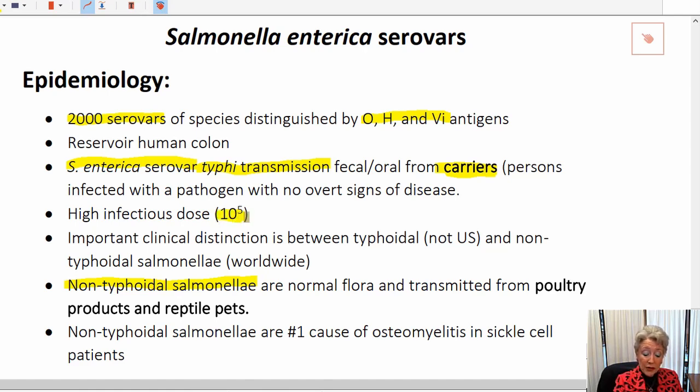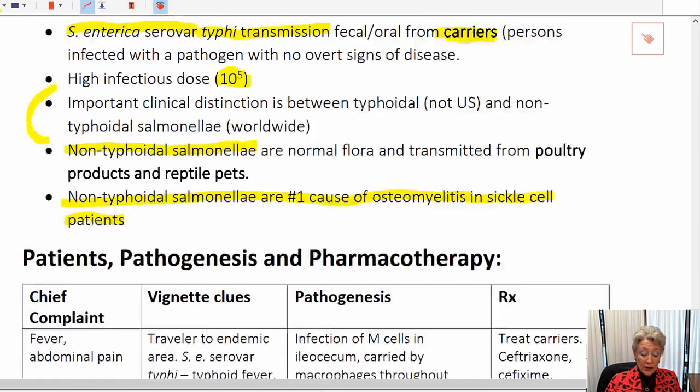All of these guys, as I said, have a very high infectious dose. And as I said, the only important clinical distinction is between the typhoidal and not. The non-typhoidal Salmonella are the number one cause of osteomyelitis in my sickle cell patients, as we mentioned before as we were going through Staph aureus.